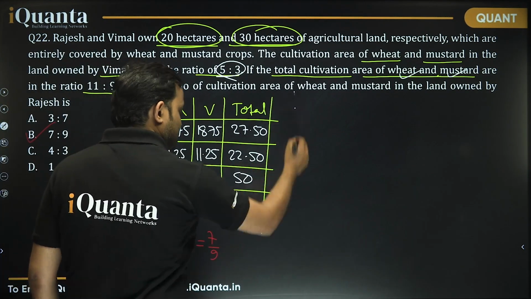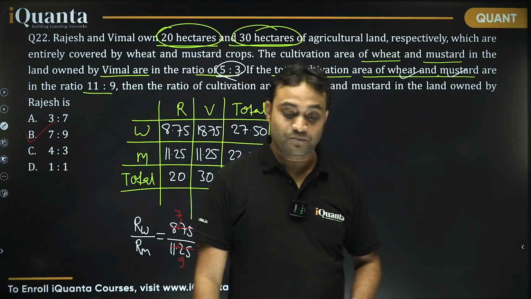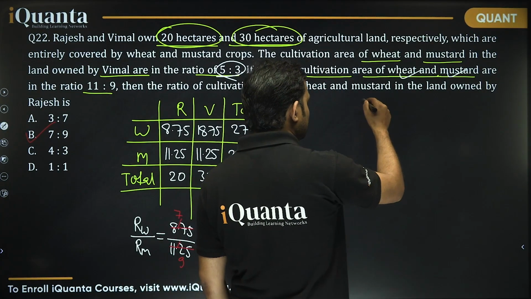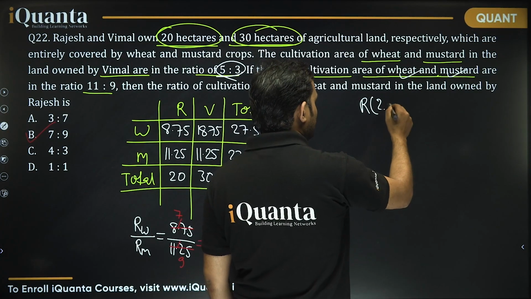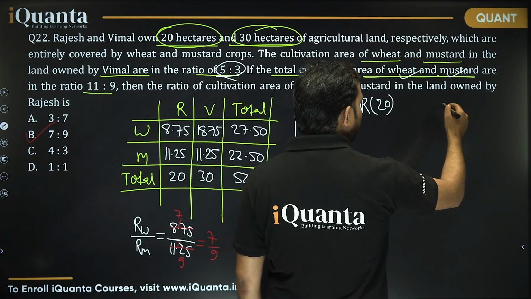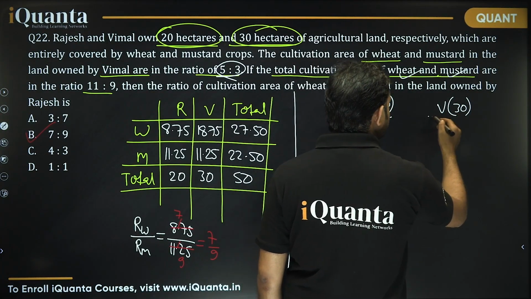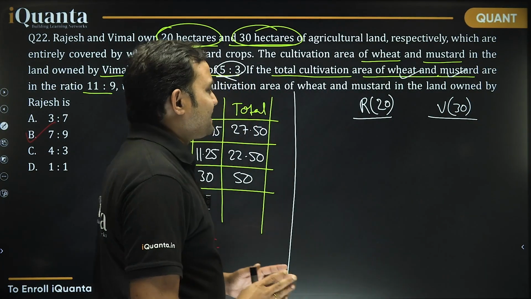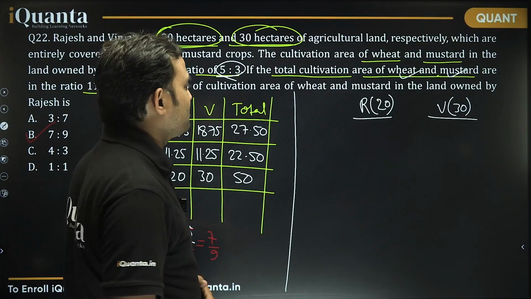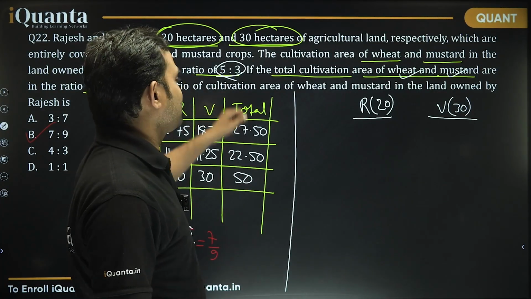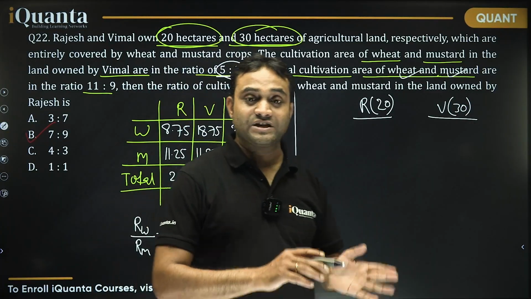Now this question we can solve by alligation as well. How do we do that? So Rajesh owns 20 hectares of land, and Vimal owns 30 hectares of land. What is the percentage of land of Vimal in which wheat crops are there? 5 by 3, 5 wheat, 3 mustard.